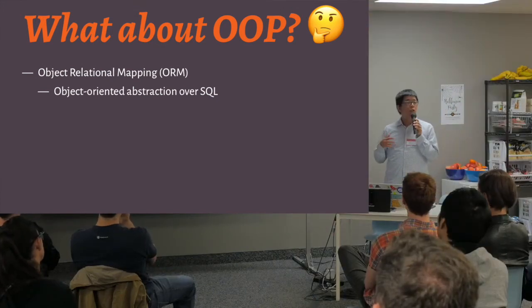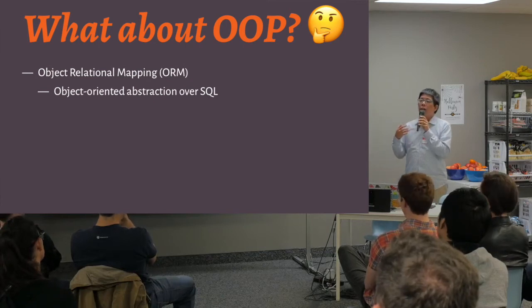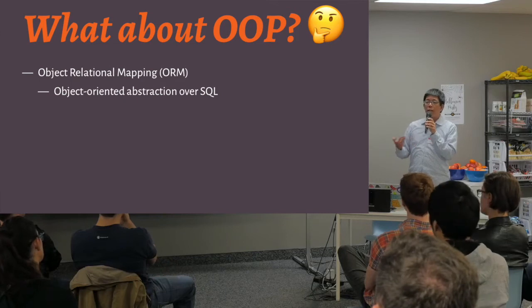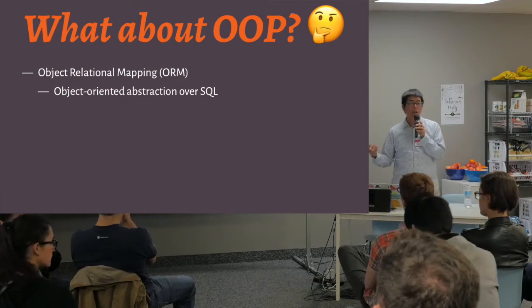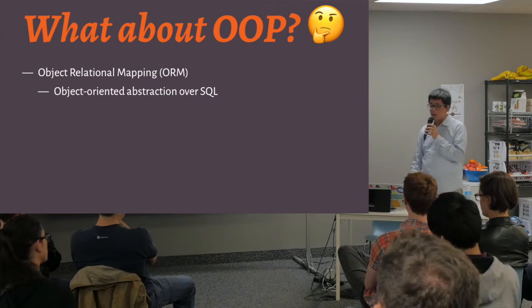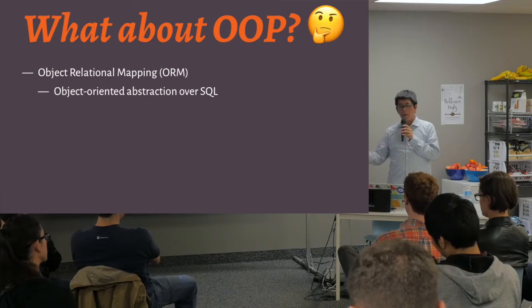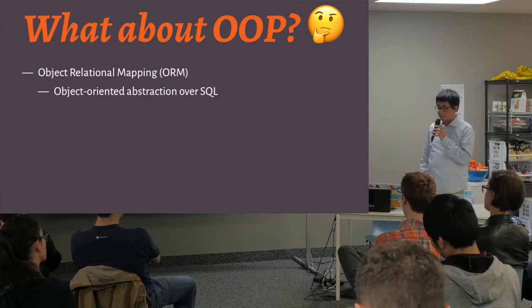The way to think about it is it's just an object-oriented abstraction over SQL. So why can't I use those model objects directly with the database? Why do I have to convert it by hand into content values? Why do I have to use the cursor methods to turn it back into the model objects? What if records in my database were objects and I could define my tables in my classes?